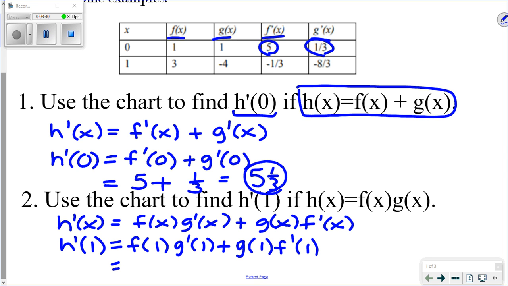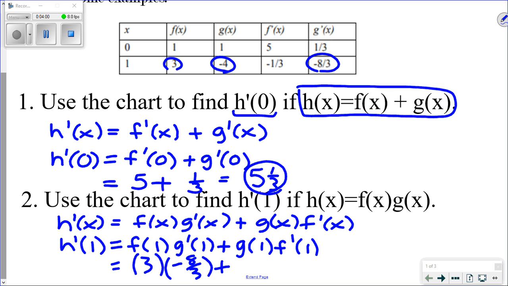So f of 1 is going to equal 3, times g prime of 1, which is -8/3, plus g of 1 is -4 times f prime of 1, which is -1/3.